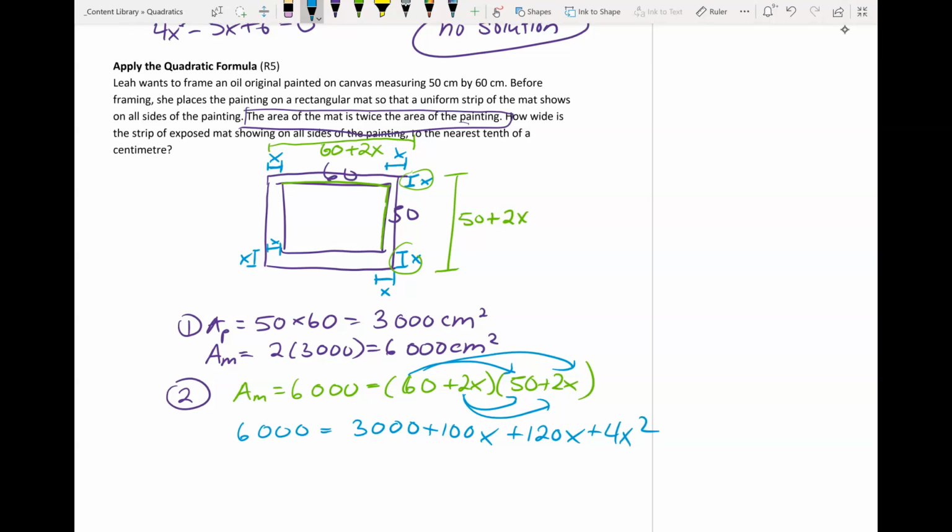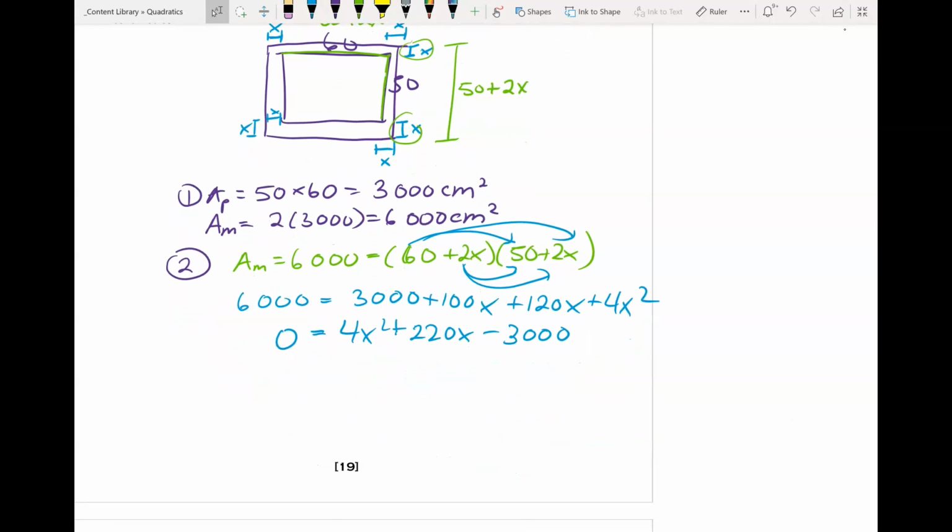Now I'm going to collect my like terms and rearrange. And then when I do that, I'm going to get 4x squared plus 220x minus 3,000. Before we begin to use the quadratic formula, I'm going to factor out a 4 first, because there is a 4 in common between all three terms.